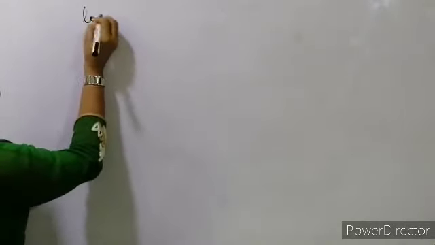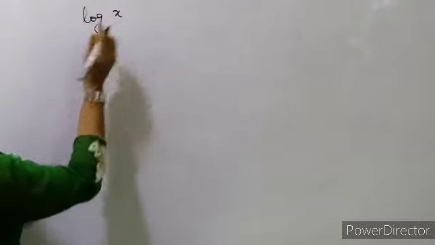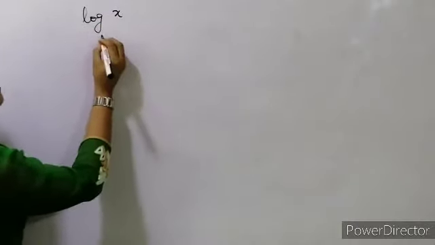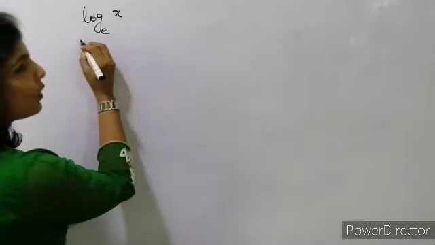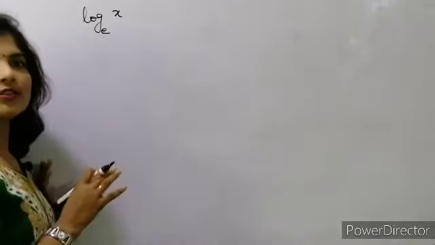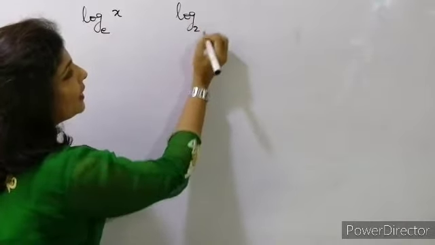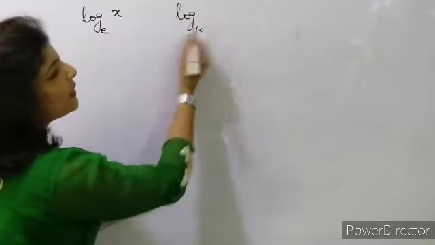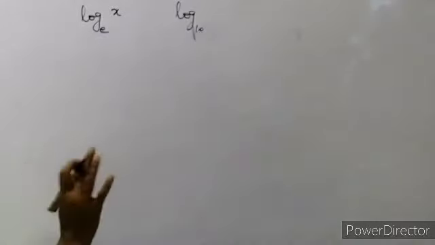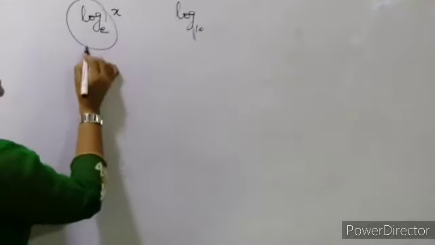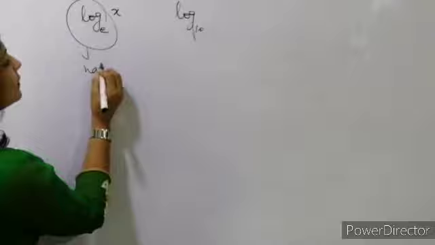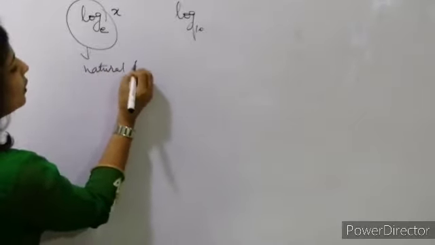Log of, like log of x, where nothing is written as the base, is base e. The log function to the base e is called natural log. Sometimes we can write some other base, like base 2, or base 10, or base a, anything, but this one is called the natural log.